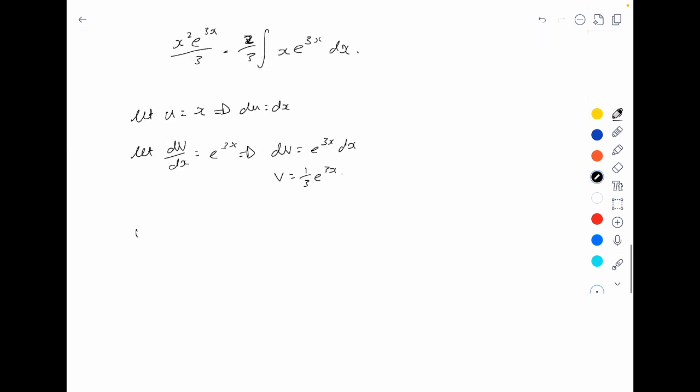And so uv minus the integral v du gives us x e to the 3x over 3 minus the integral of a third e to the 3x du, and du is equal to dx. So we get x e to the 3x over 3 minus a third. Okay, and that's actually going to become a ninth now because we divide by 3, right?